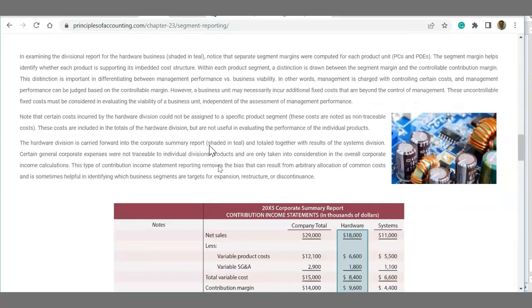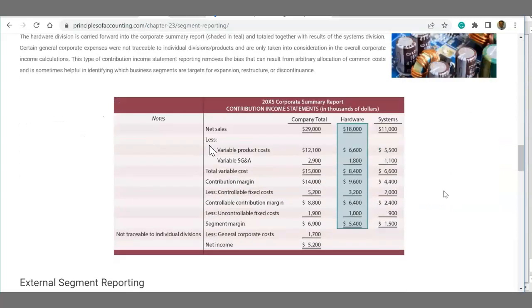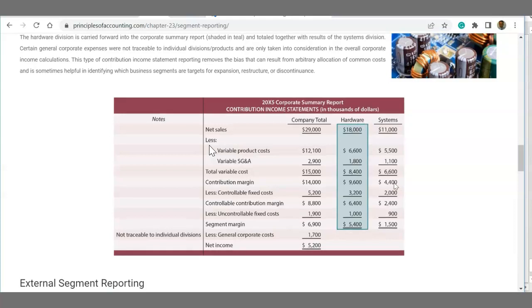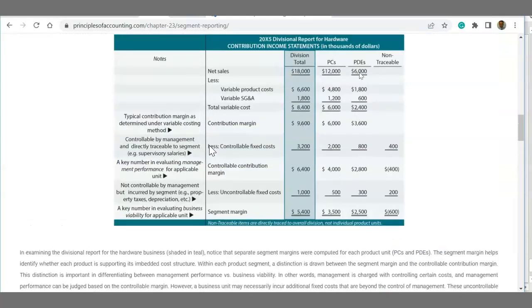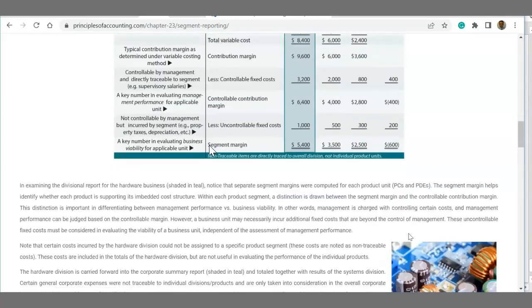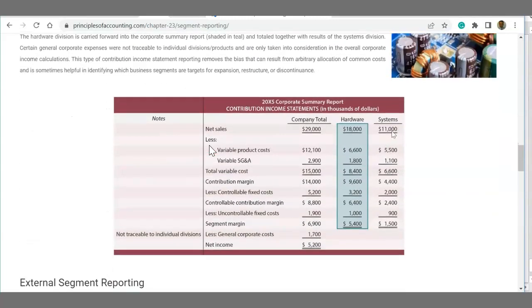And we talked about it. Let's see what's going on in here. And okay, these are the two divisions of this company, which is hardware, which we just looked at. That was hardware, including the subcategories of PC and PDE. And this is the second division, which is system support, which is $11,000 net sales just from system support.